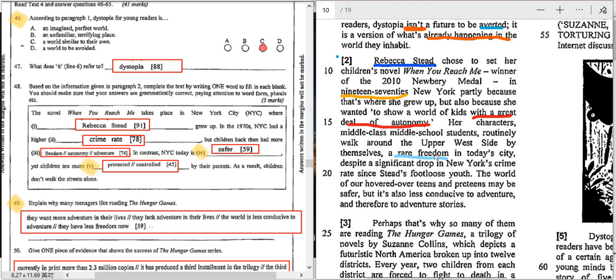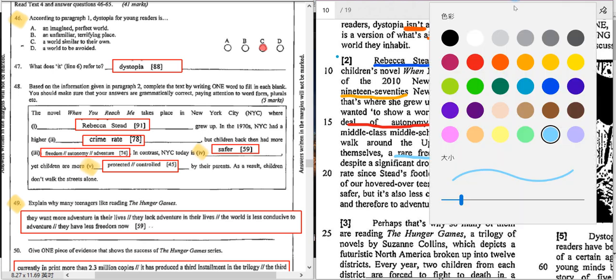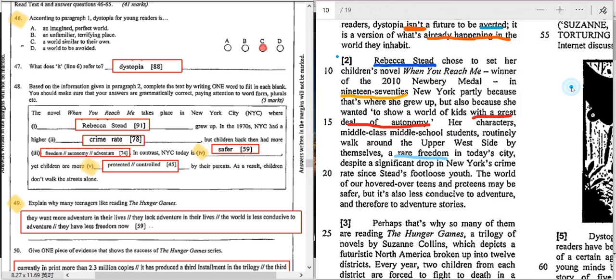Right now, freedom is a rare thing. And we also find this crime rate, a significant drop in New York's crime rate since her youth. And I better highlight it with the same color, blue, because it's what's happening right now.